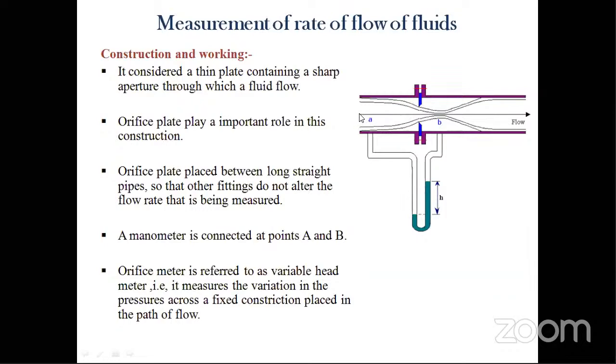When liquid comes from the enlargement portion to the contraction portion, it is called the vena contracta. Some losses happen there, and then it comes again to the enlargement portion, so enlargement losses happen here too. So contraction loss and enlargement loss both happen in this phenomenon, and this total process is calculated as the pressure head using the manometer.